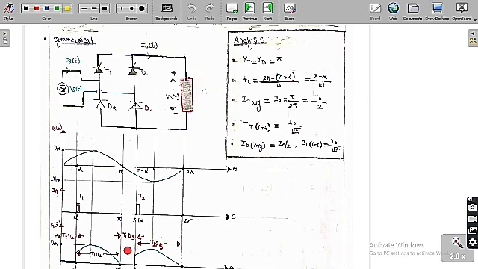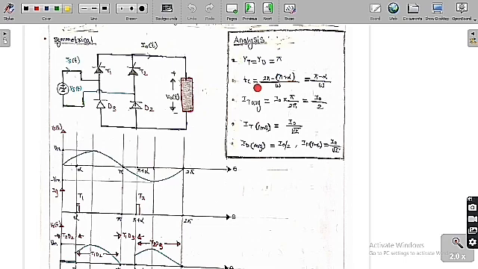So the conduction angle of the thyristor is equal to pi. Similarly, D2 is conducting from 0 to pi, so D2 is also conducting for a range of pi. Therefore, each thyristor and each diode are going to conduct for an angle of pi. So the conduction angle of the thyristor is equal to the conduction angle of the diode, which is equal to pi in this symmetrical circuit.